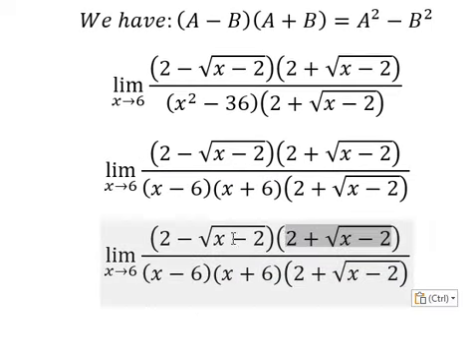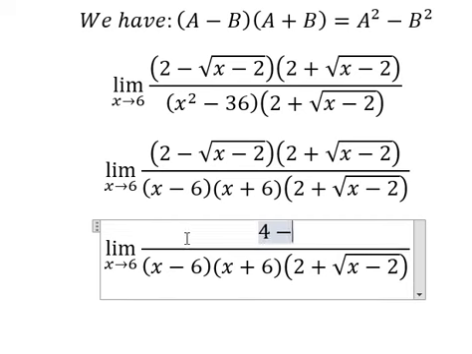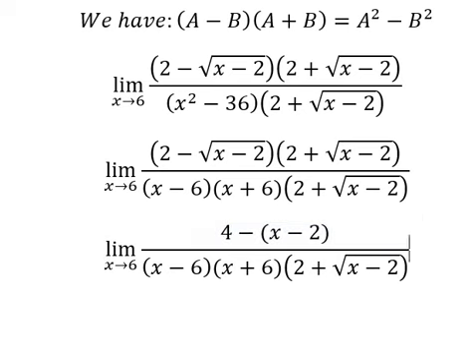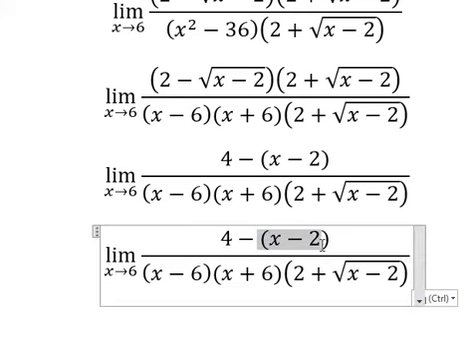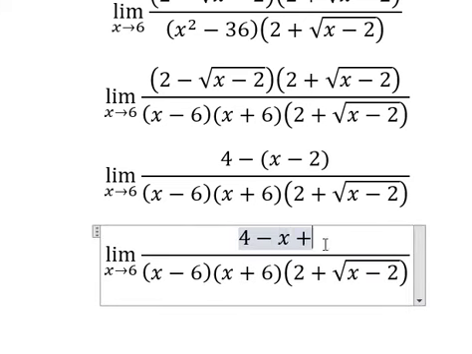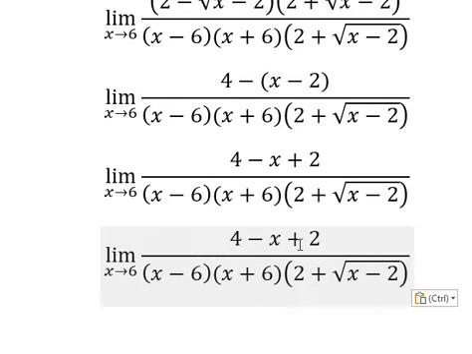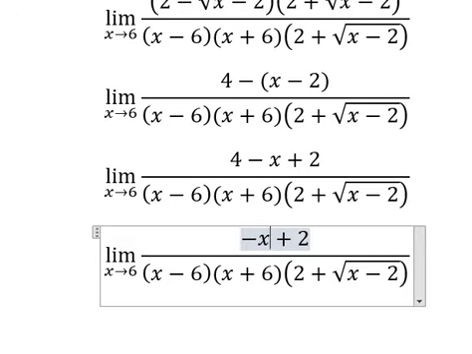So this one is 4 minus s minus 2. Now we need to change the sign of this one. We have negative s plus 2. So 4 plus 2 we have number 6.